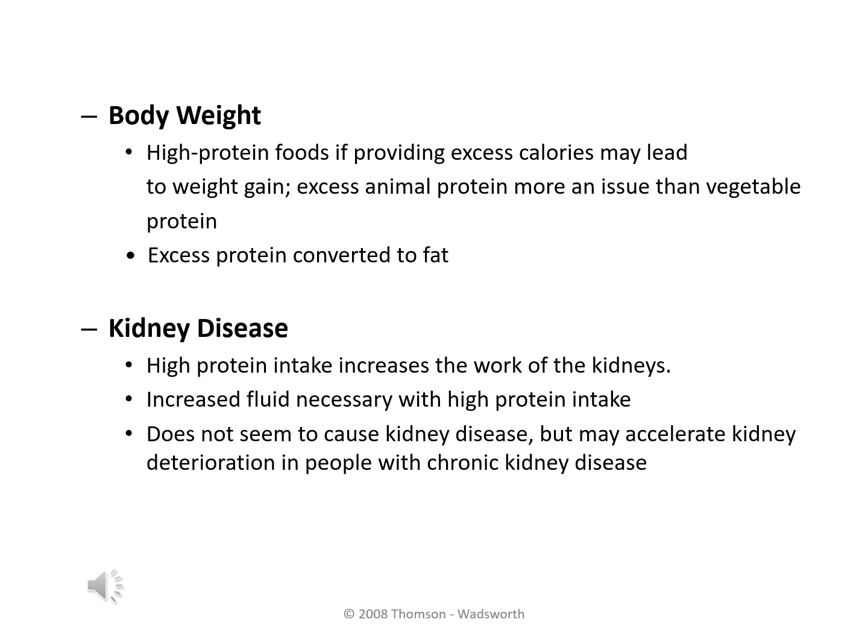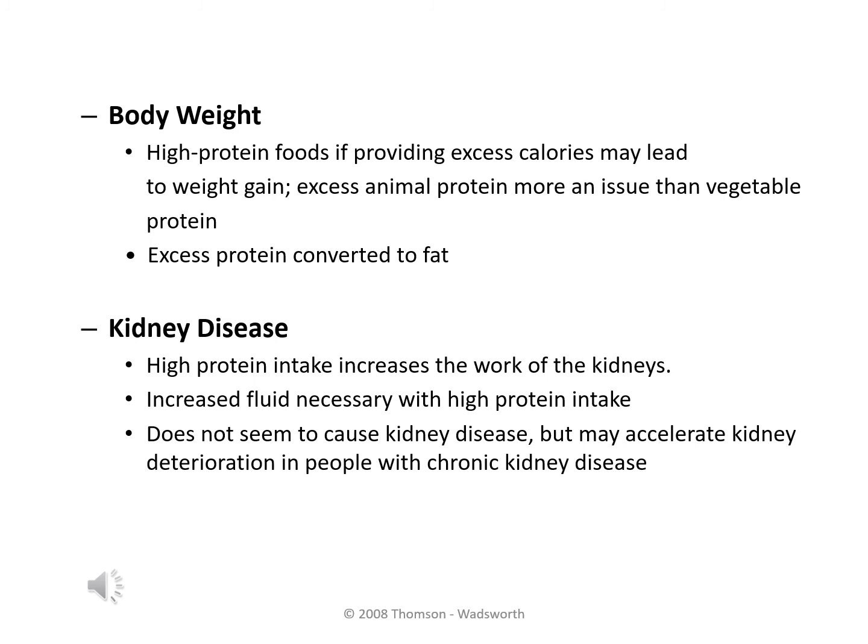The last condition to address is kidney disease. The excretion of the end products of protein breakdown, protein metabolism, ultimately is urea. And urea, if you recall, needs to be excreted through the kidneys. Adequate fluid and healthy kidneys, therefore, are important for this process.